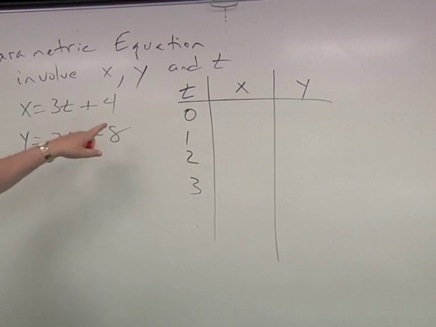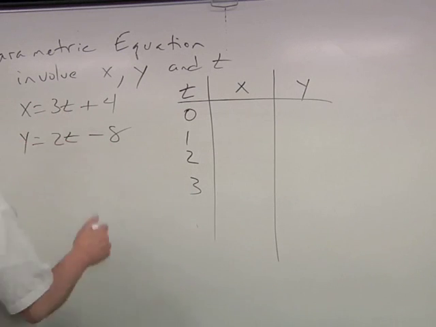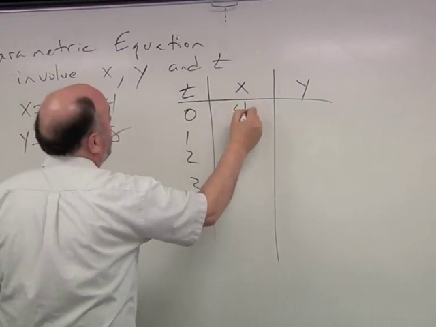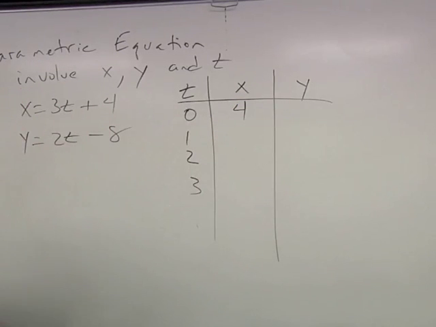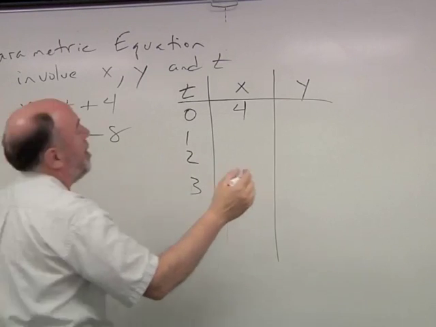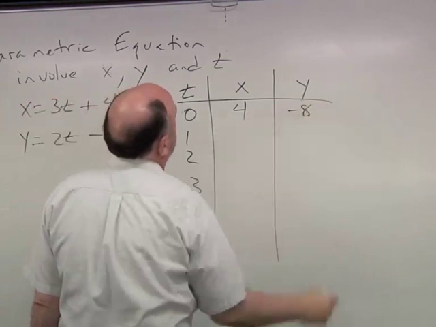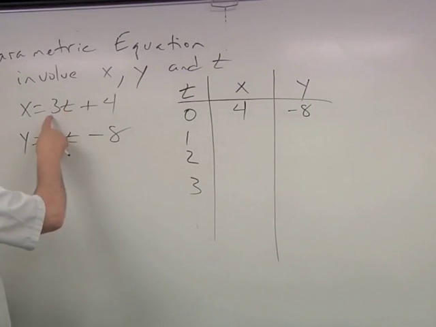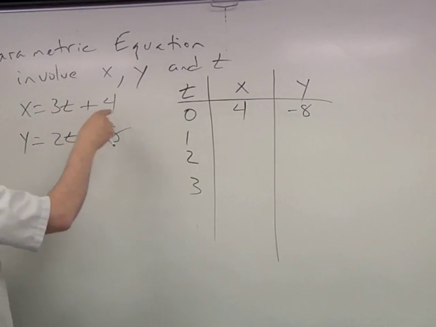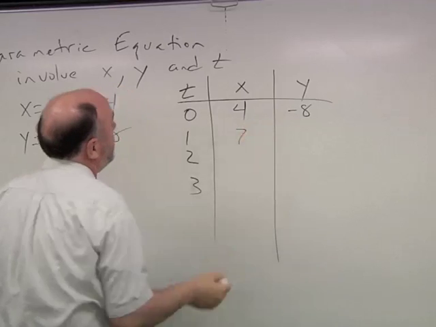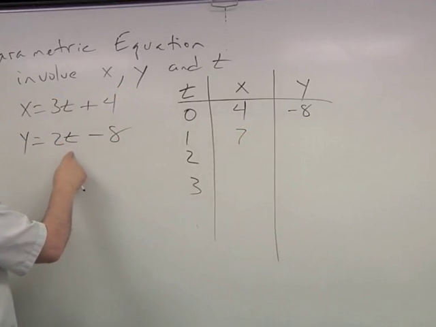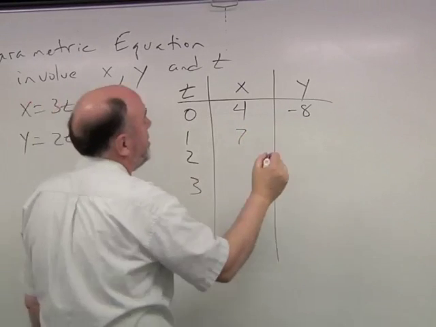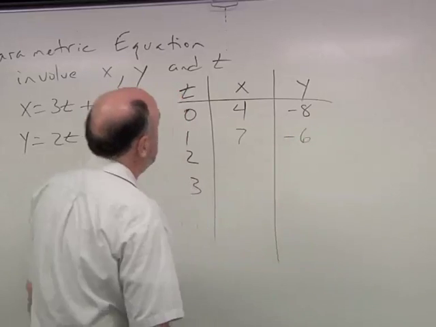When t is 0, x will be 4, and y will be -8. When t is 1, we get 3 times 1, which is 3, plus 4, which is 7. And 2 times 1 is 2, 2 minus 8 is -6.